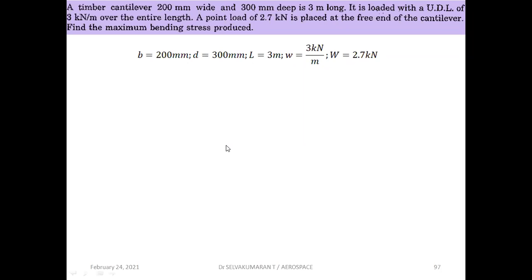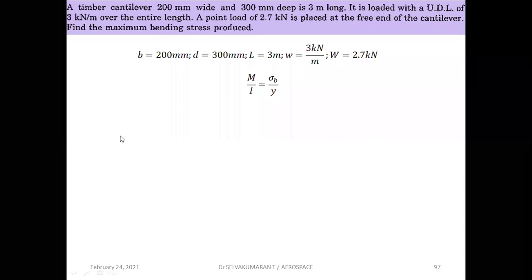Here we have to consider two conditions. Cantilever beam subjected to UDL over the entire length, maximum bending moment formula is WL square by 2. Cantilever beam subjected to point load at the tip means W into L. So in place of M, you have to write down WL square by 2 plus W into L as the maximum bending moment.